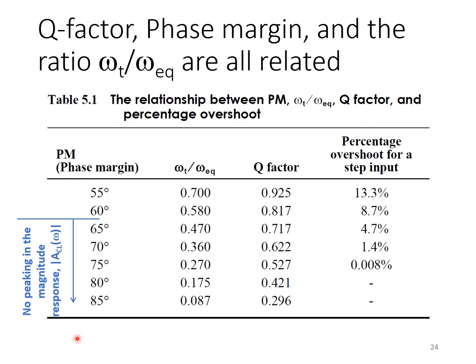But again, with a second order feedback loop, we've already talked about how, to ensure there's no peaking in the magnitude response, we need to ensure a phase margin of a little bit more than 65 degrees, actually, to ensure the Q factor is below 1/√2. In order to ensure no overshoot in the step response, we need to place the Q factor below 0.5.